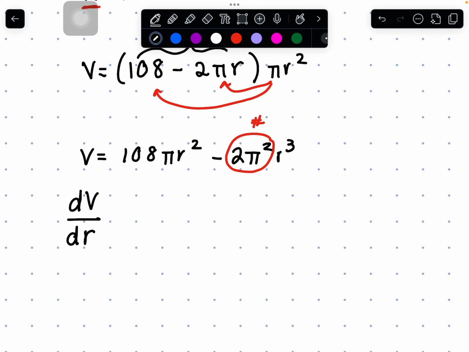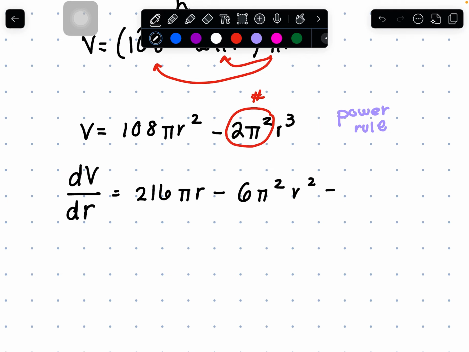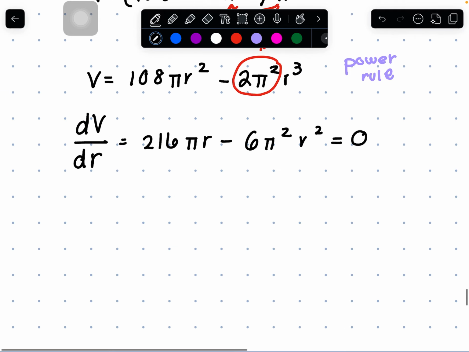Okay, so let's just do power rule, treating pi like a constant, because that's what it is. I'm going to get 216 pi r minus, if I multiply the 3 down, I'll have 3 times 2, so 6 pi squared r squared. I want to set this equal to 0 and solve for r. Let's see what these have in common.